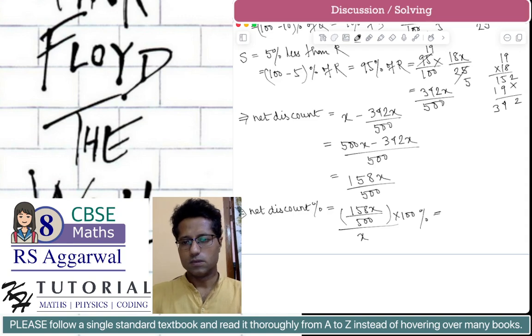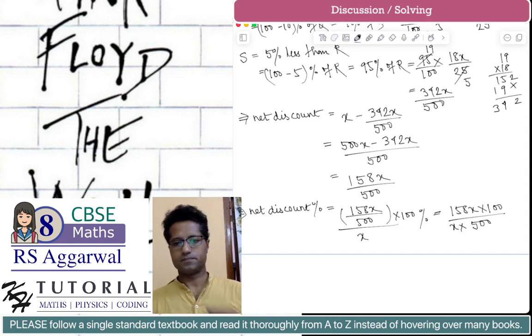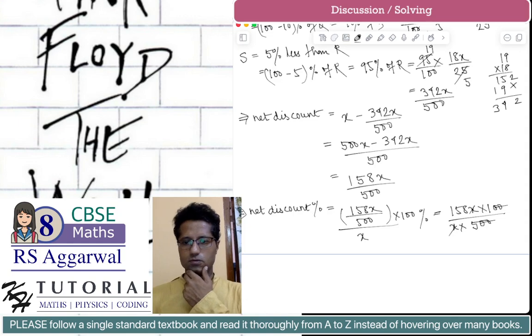This is equal to 158x multiplied by 100 divided by x multiplied by 500, and the zeros cancel out, x cancels out, and this is equal to 158 by 5 percent.